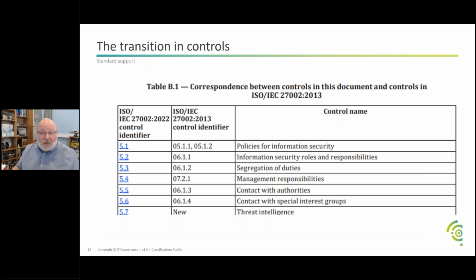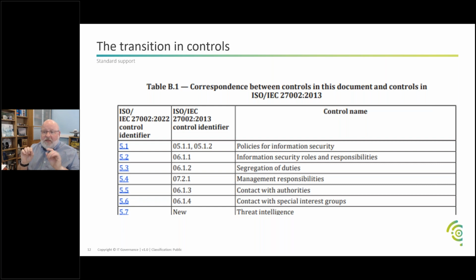Now, another thing that 27002 does, which makes life a lot easier for you, is it has these two tables. B1 I'm going to talk about first, and B2. Basically it tells you what the new control set is and how it relates to the other one. So if you see there, first of all, 5.1 in the new organizational part of the standard in Annex A relates to 5.1.1 and 5.1.2.